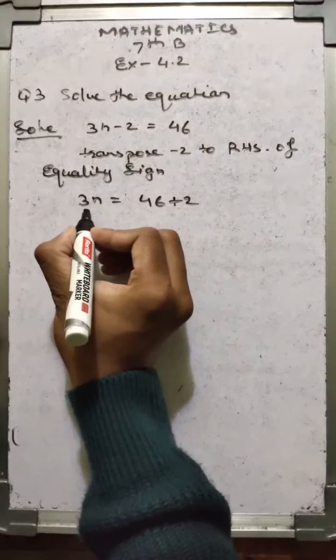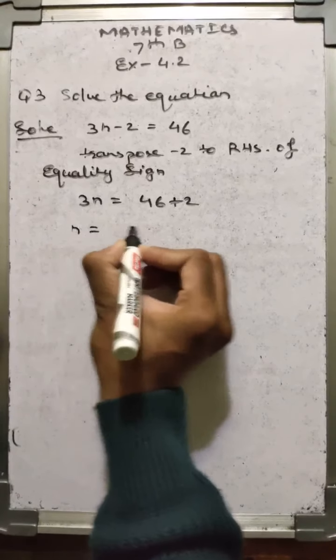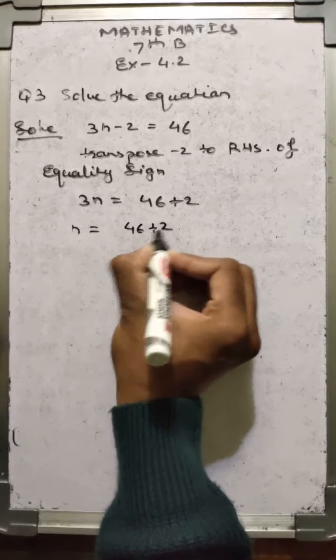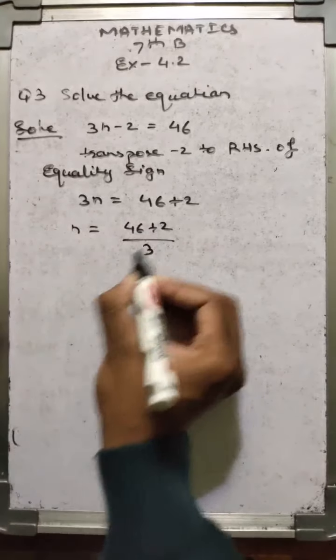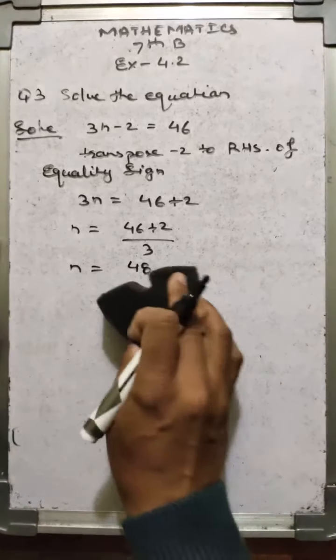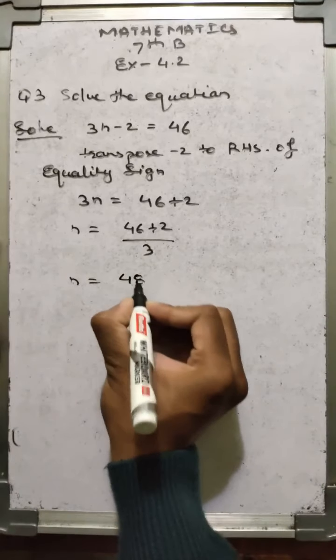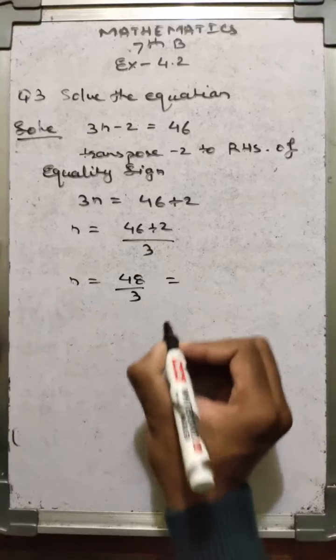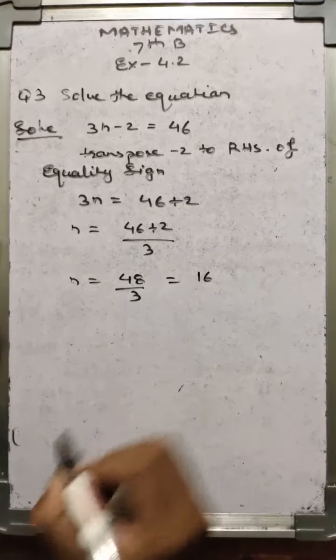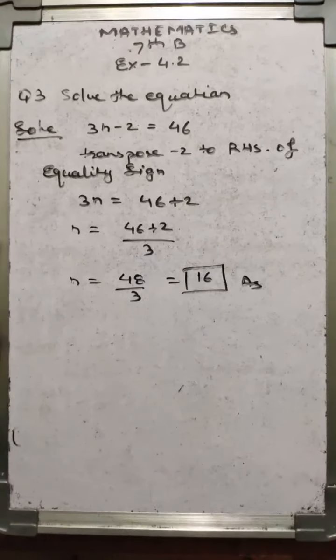Now you can separate the variable. So n will be equal to 46 plus 2 upon 3, and 46 plus 2 will be 48. Okay, n is equal to 48 upon 3. So I think you are going to get the value 16. So 16 is your answer here.